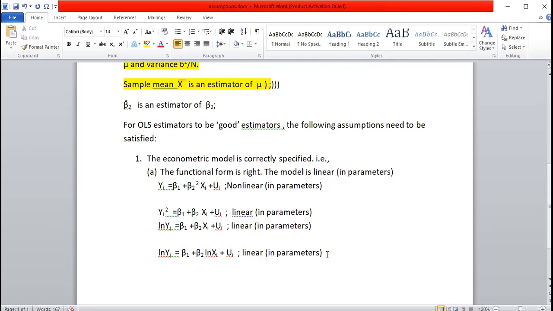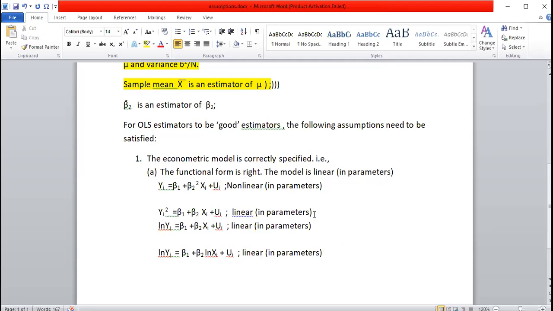If you look at your homework, you'll see models like log of y and log of x, sometimes y here, log of x there. You have to be careful. These models are linear in parameters, so they are doable.